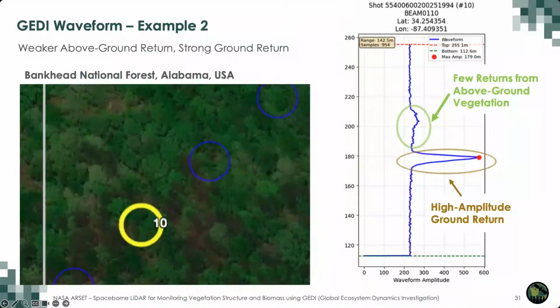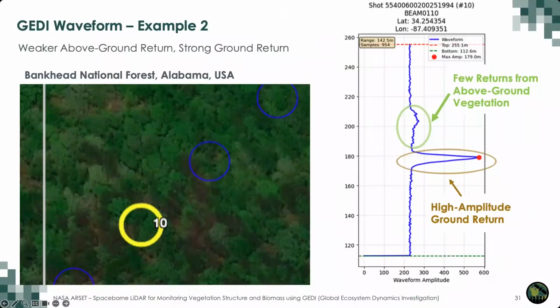Here is another example of GEDI level 1B waveform plotted in Bankhead National Forest, so in the same general region, but a slightly different track of data. From the waveform plot, we can see very low amplitude signal in the above ground return.